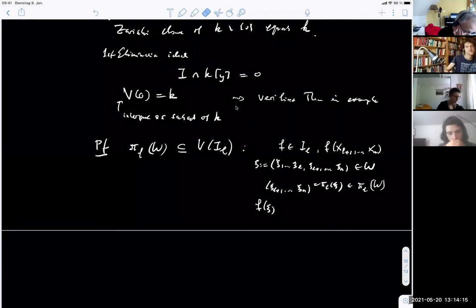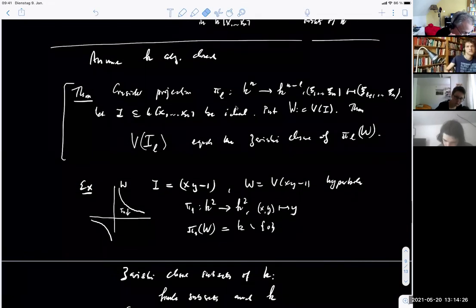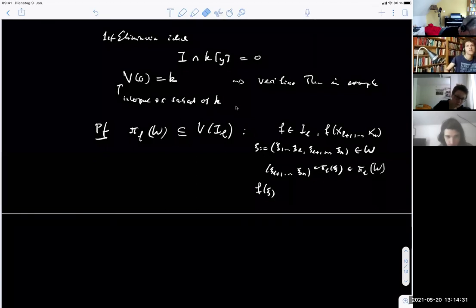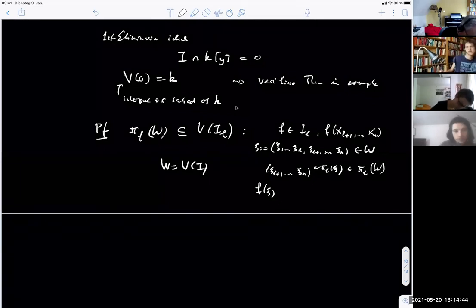Let me think. I should say there's something I did not write. We should not forget that W is the vanishing ideal of I. Okay, so clearly if I have f in I_L, so f is in I. If I evaluate at xi, I get 0.